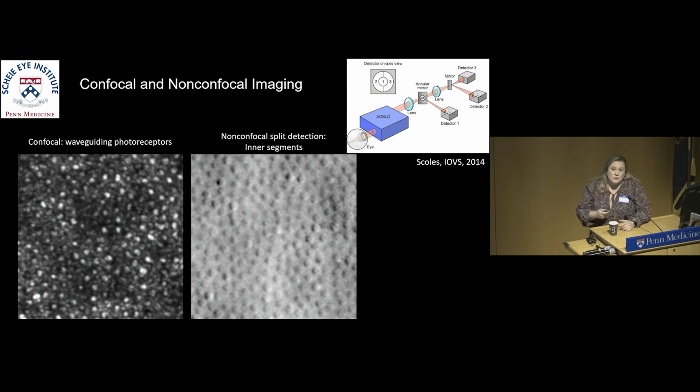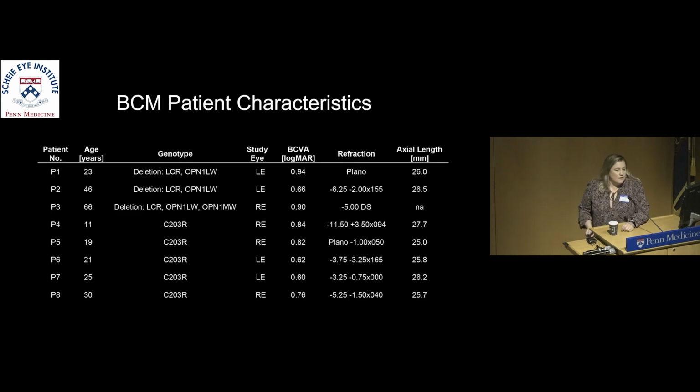So we're going to use these two imaging detection schemes with the adaptive optics to investigate the photoreceptor phenotype in blue cone monochromats. We recruited 8 BCM patients to participate in this study, and 3 of those individuals had the deletions of the locus control region, while 5 had the Cys203Arg mutation. 2 of those individuals had high eye movements that precluded montaging in the adaptive optics imaging.